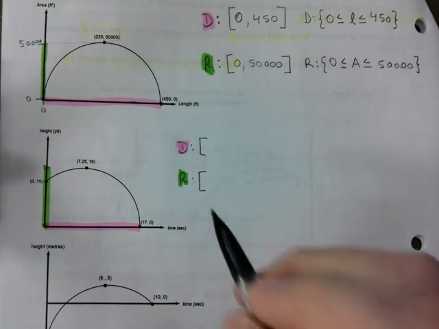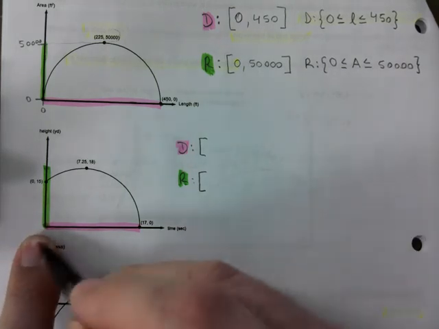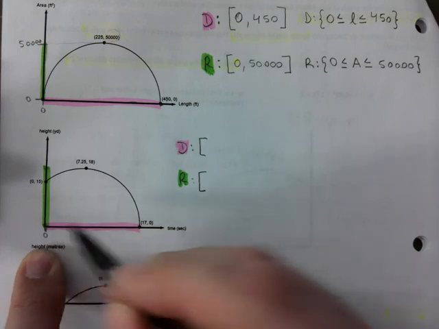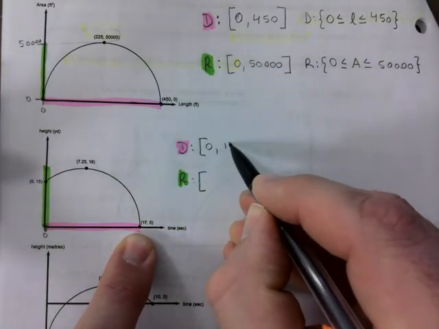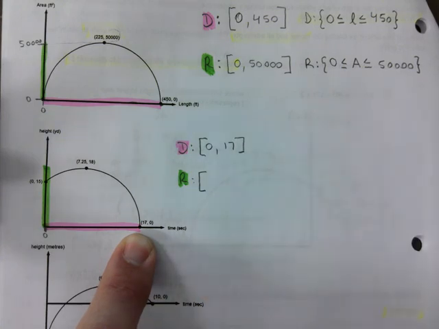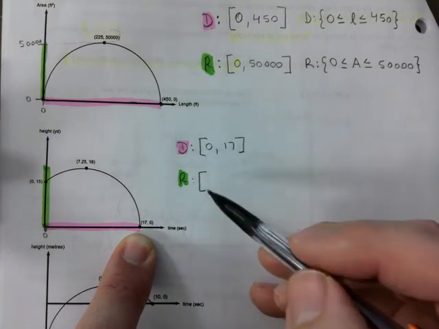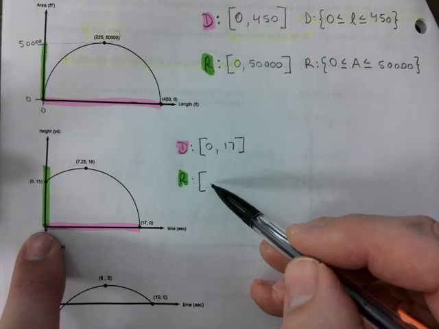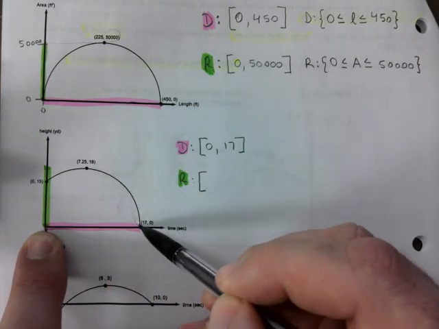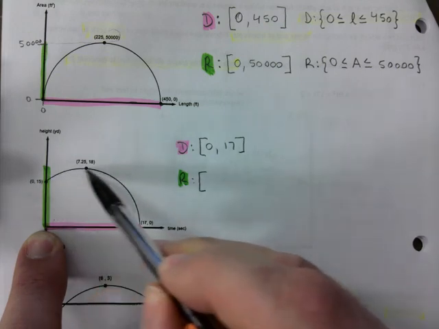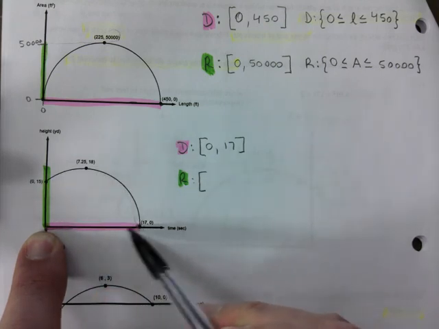Ready? For the domain, I'm starting at the origin, right? So it's from 0 all the way to 17. Okay. Then for my range, a bit tricky, right? I'm starting there, so I'm going up and then down, right? But think of the curve. The curve exists down here as well, right?